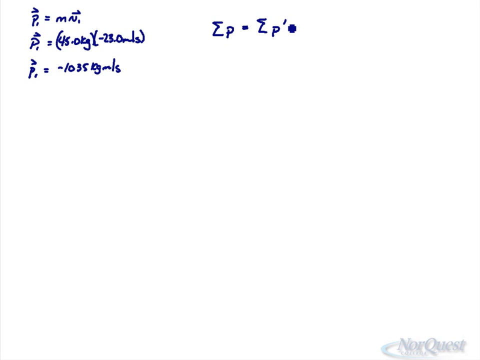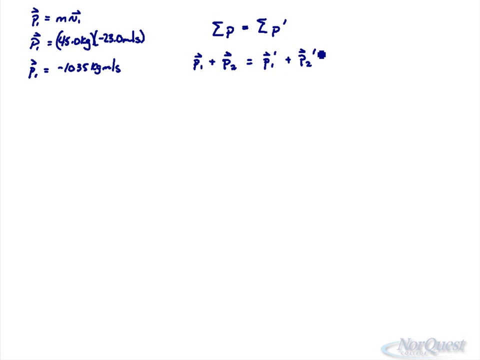You can do that. But since I already know what these are, I'm going to go momentum of object 1 before plus momentum of object 2 before equals momentum of object 1 after plus momentum of object 2 after.